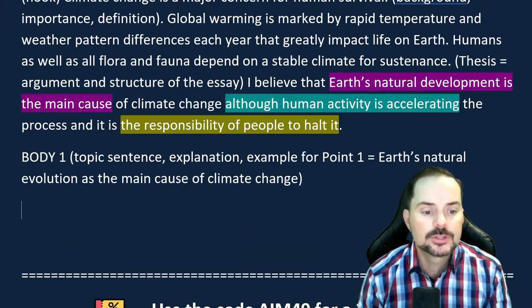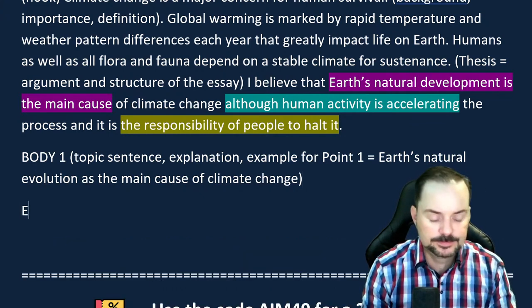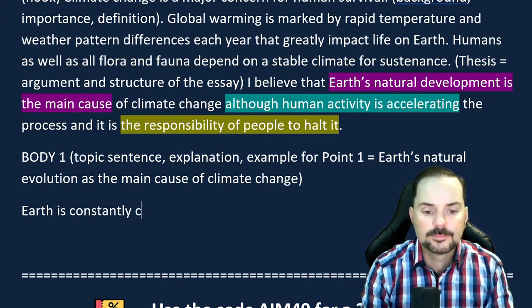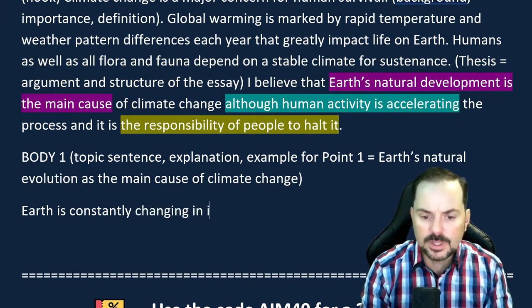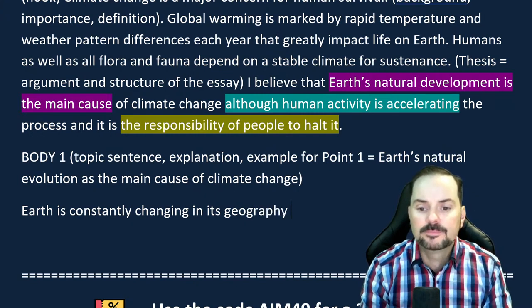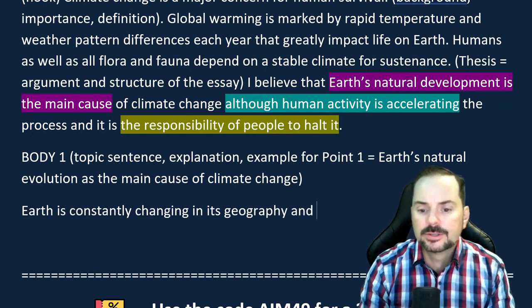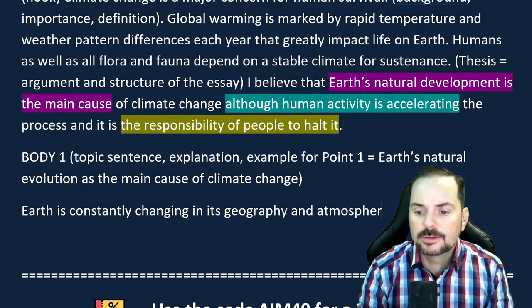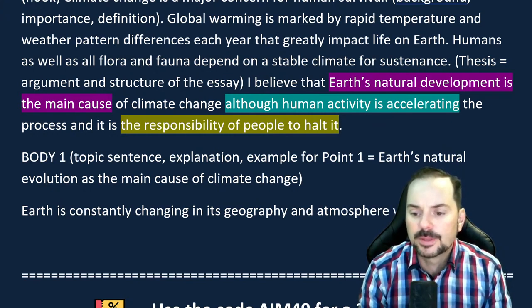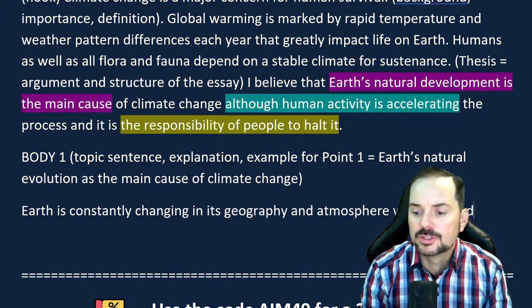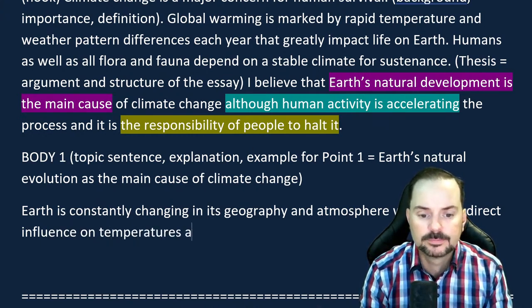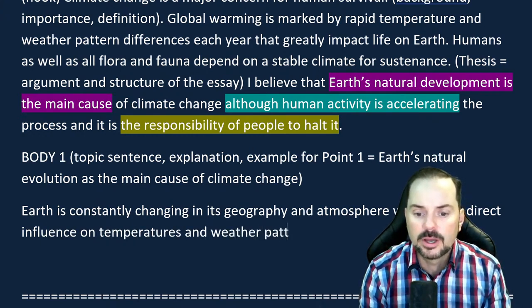Okay, so Earth is constantly changing in its geography and atmosphere, which has a direct influence on temperatures and weather patterns.